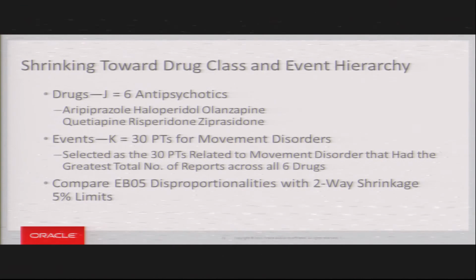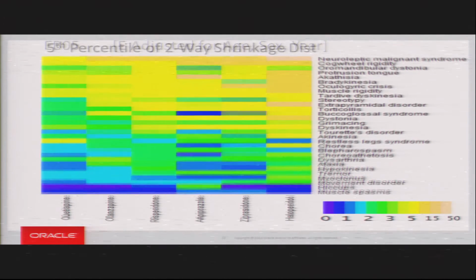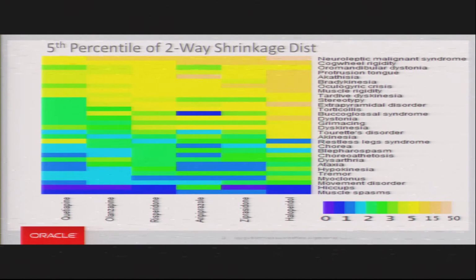You could compare the disproportionalities with and without a particular Bayesian model that looks at both the events and the individual drug effects. Here there are 6 times 30, or 180, raw values without merging them, but if you estimate row and column effects using a Bayesian model, you get something that looks a lot smoother, as in this one.